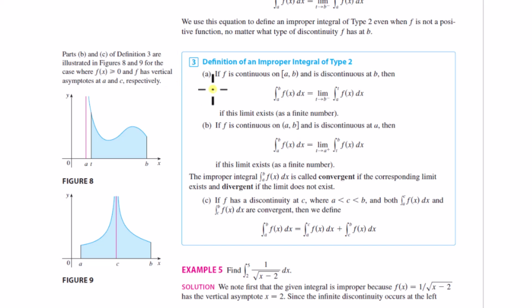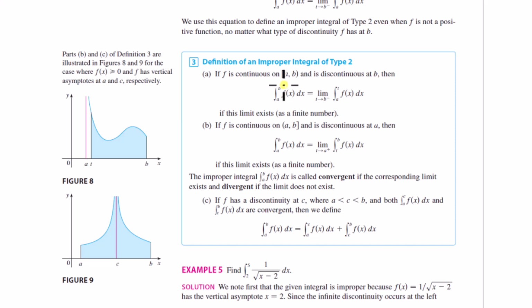So the idea is if f is not defined at both endpoints, then you have to take a limit approaching both endpoints. If that's the case, then you have to separate it into two different integrals. Watch the next video. I'll illustrate how that works.